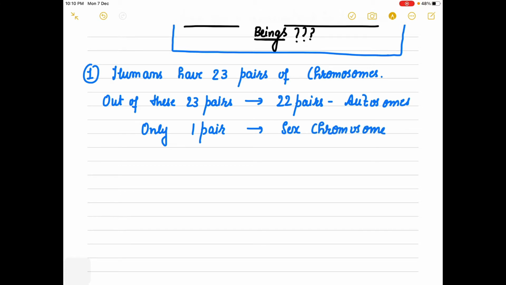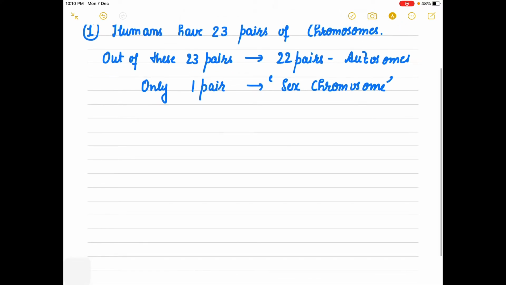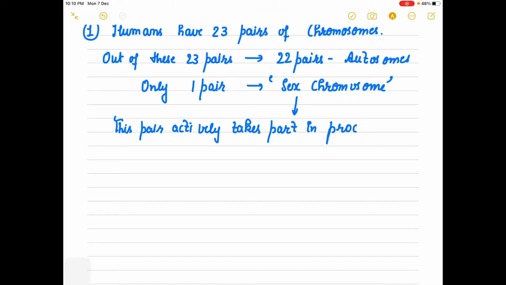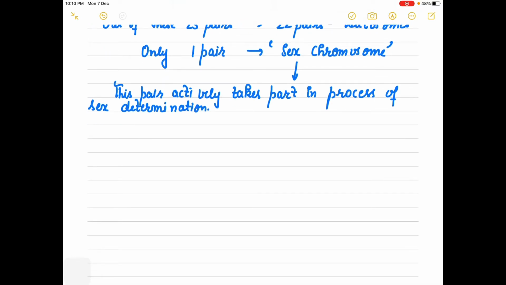So this pair actively takes part in the process of sex determination. We are going to concentrate on this one pair. I think the first point is clear to everyone, how many chromosomes are present, how many are autosomes and how many are the sex chromosomes.